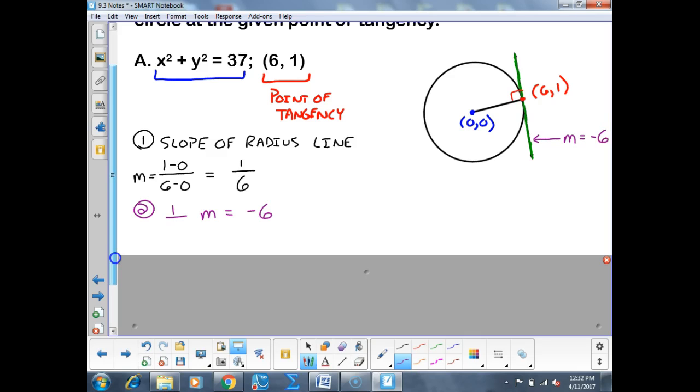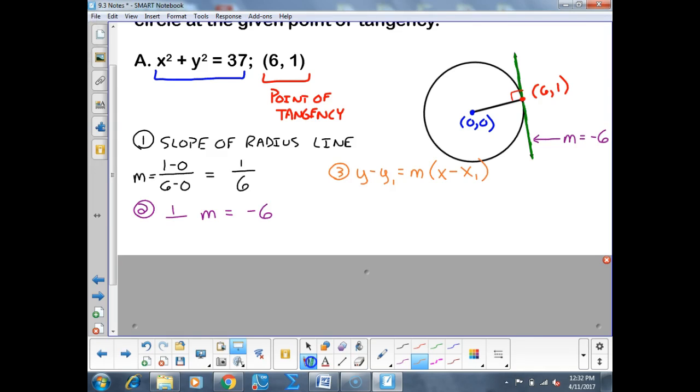It goes through the point (6, 1). So we can use the point-slope form: y minus y sub 1 equals m times x minus x sub 1.